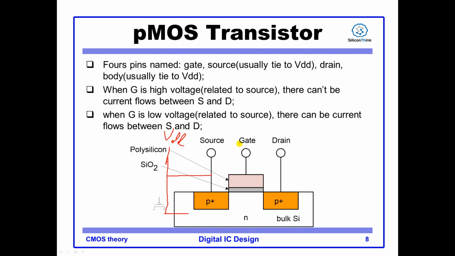And we need to have lower voltage on the gate pin to make the device conductive. There is also a threshold voltage here.